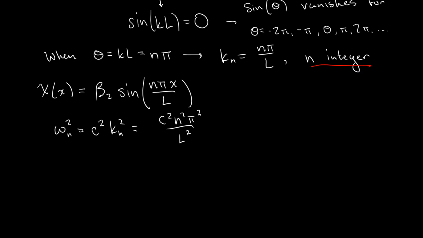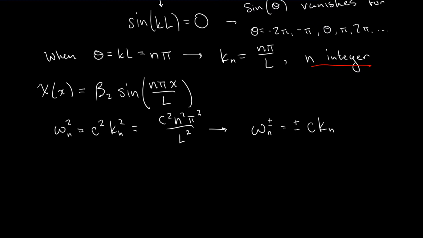This is going to give us two solutions, plus and minus, because when I take the square root of both sides, I get a plus piece and a minus piece. So for each value of k, I essentially get two values of omega.